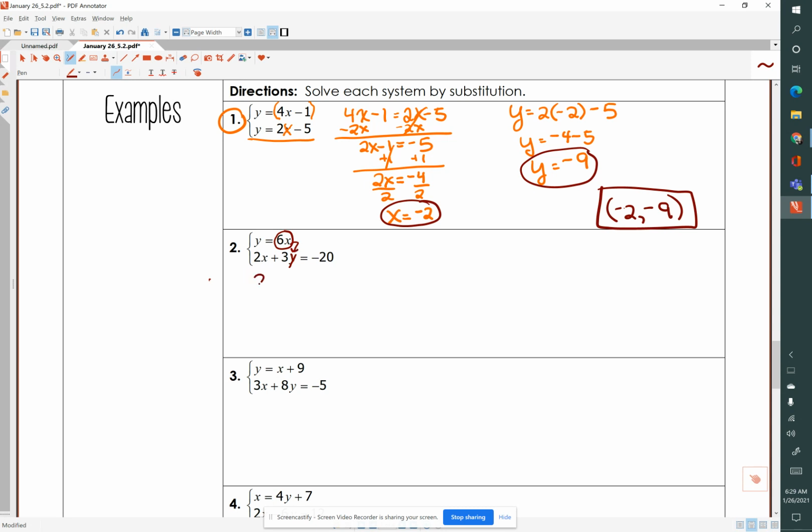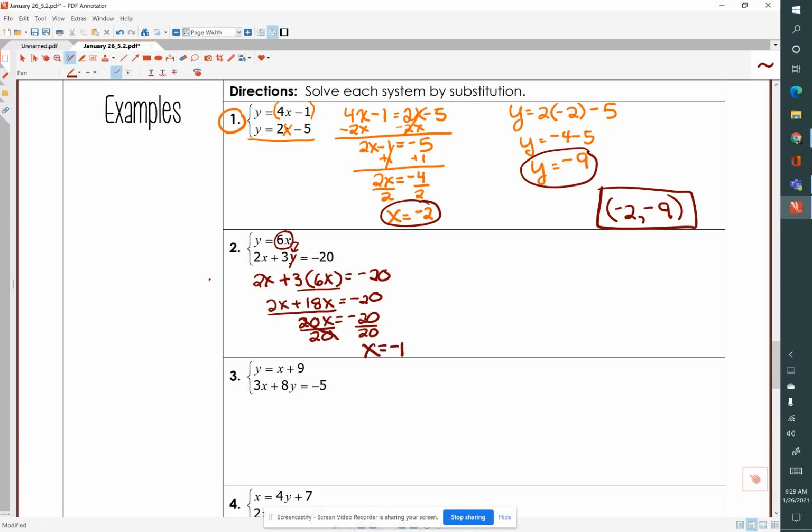That will give me 2x plus 3 times 6x equals negative 20. The next thing I need to do is this multiplication here. 2x plus 18x equals negative 20, and then I can combine like terms. 20x equals negative 20, and then I divide both sides by 20.